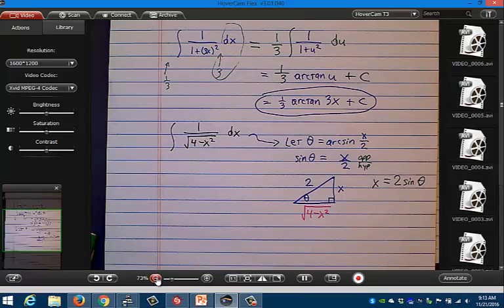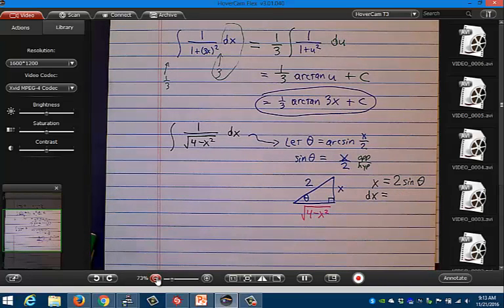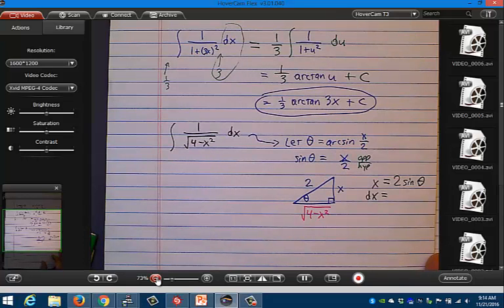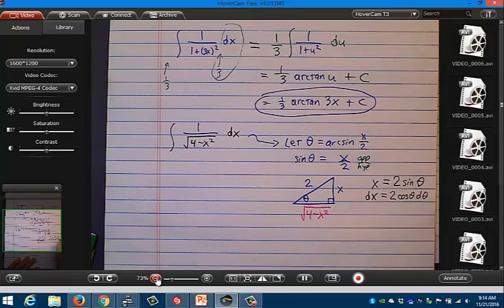My reason for doing this is now I want to write out what dx equals. That's not hard. If x is 2 times the sine of theta, what is dx? 2 cosine theta d theta.